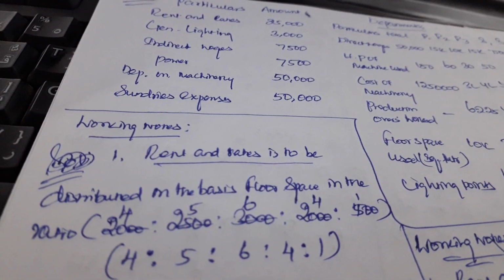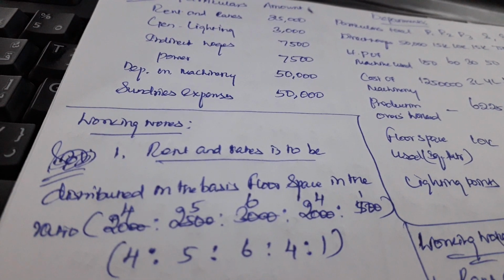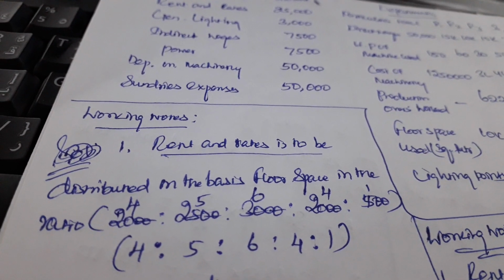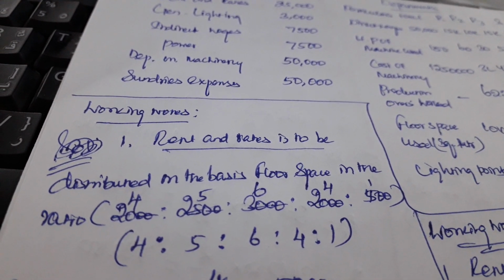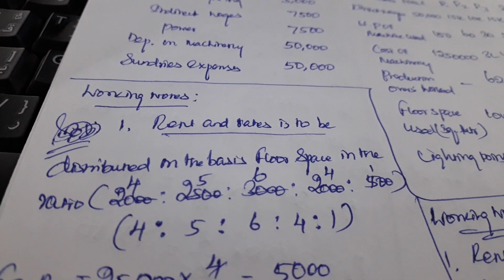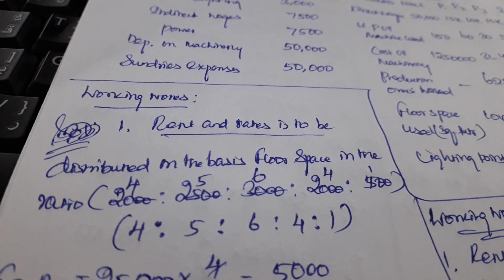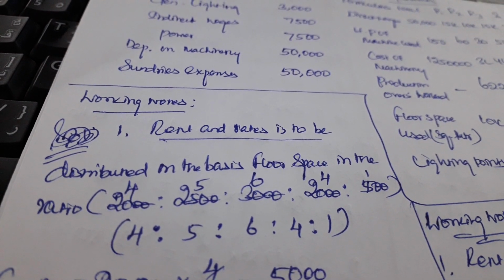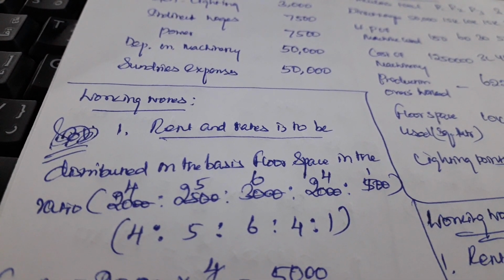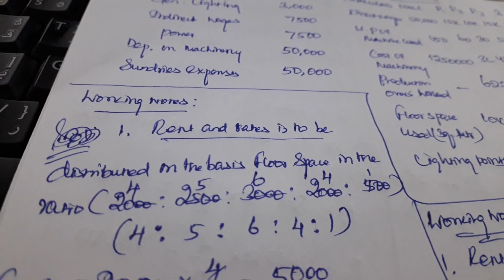Rent and rates are to be distributed on the basis of floor space in the ratio 4:5:6:4:1. Rent and rates are always distributed on the basis of floor space.